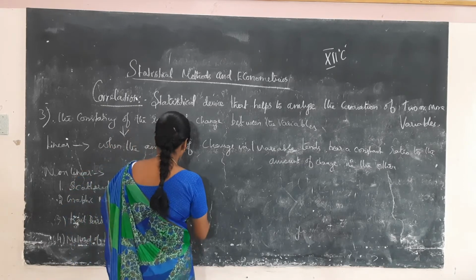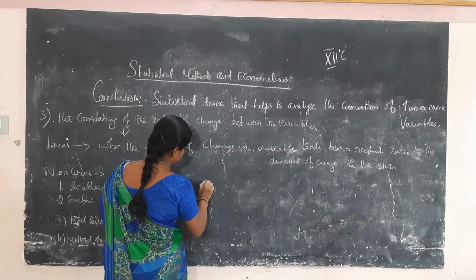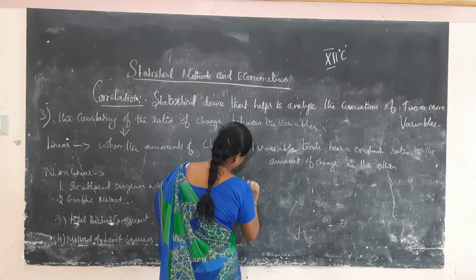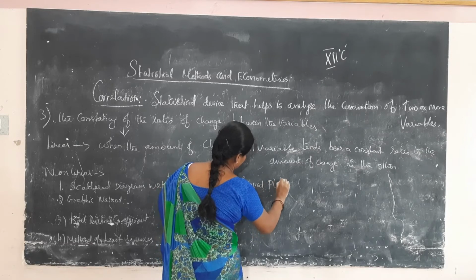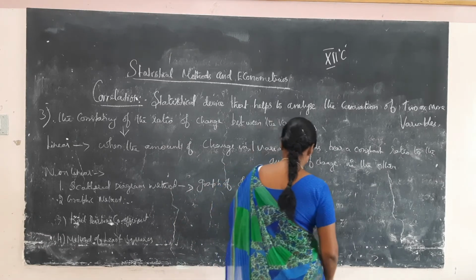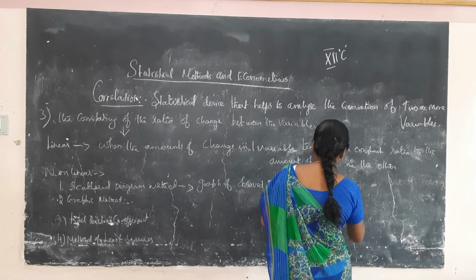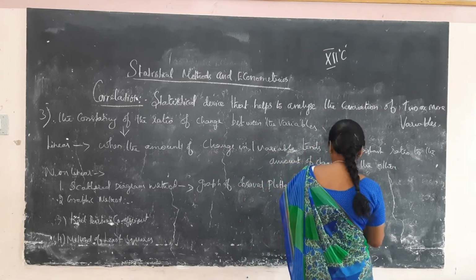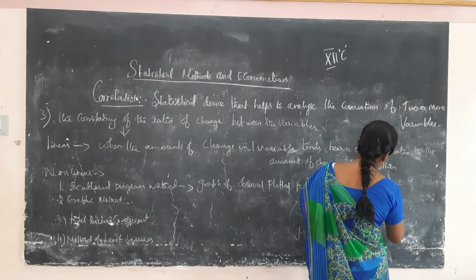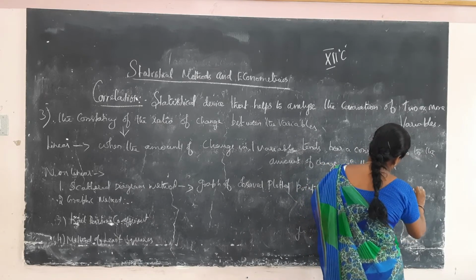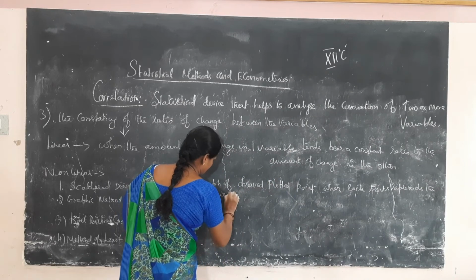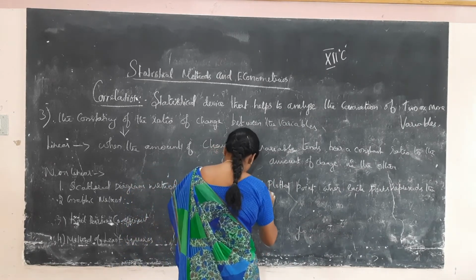It is a graph of observed plotted points, where each point represents the value of x and y as a coordinate.